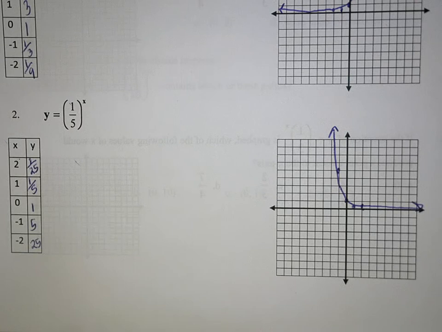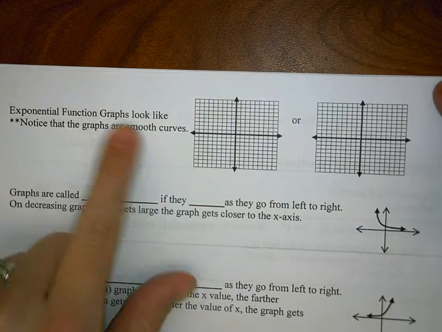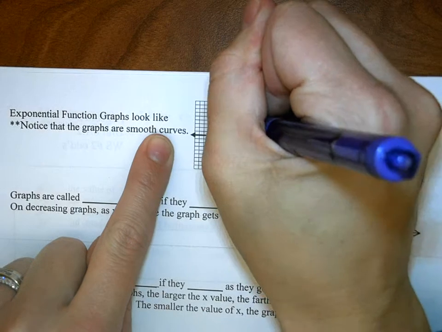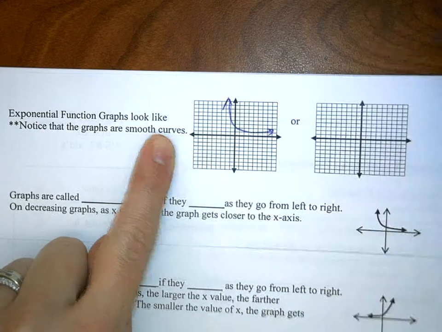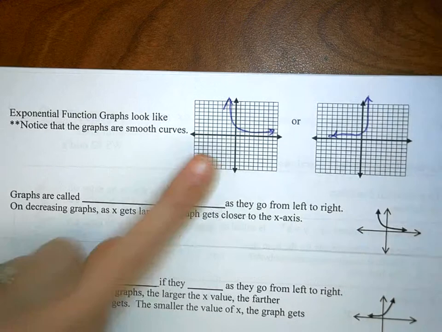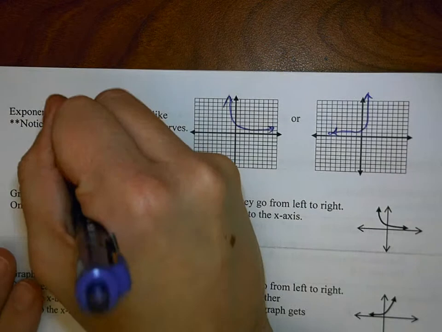Questions so far? All right, moving on. So, with exponential functions, exponential function graphs look like this. You have to draw them in. Or this. Graphs are called decreasing.